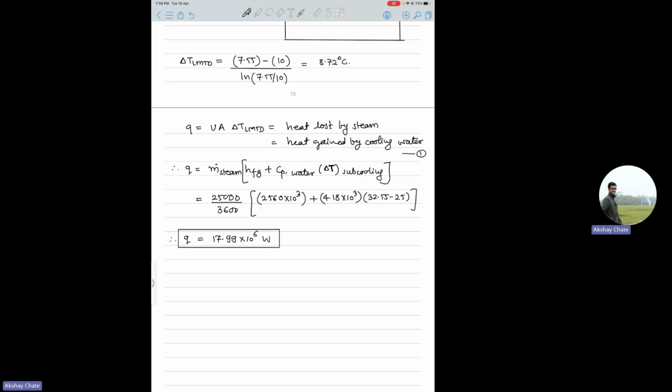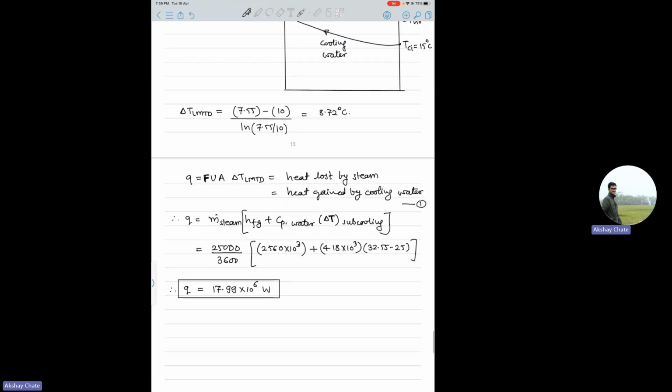One thing we missed here is the correction factor, because it is not a counterflow exchanger. It is something like a cross flow exchanger, right? So this LMTD is assuming counterflow, but in reality it is not. It is somewhere in between.